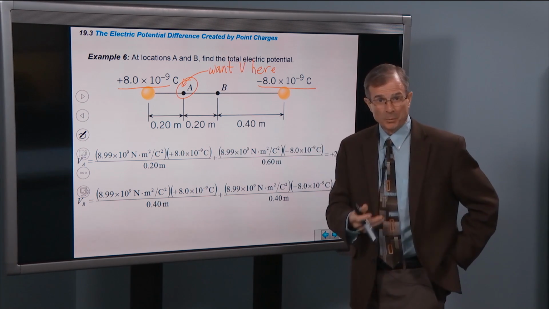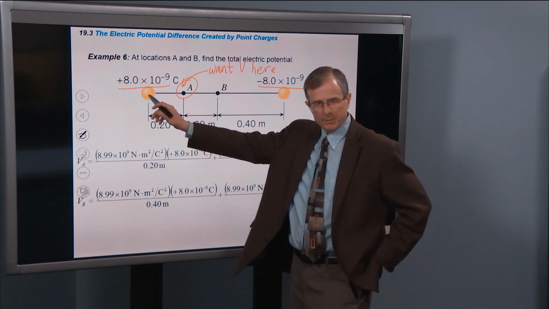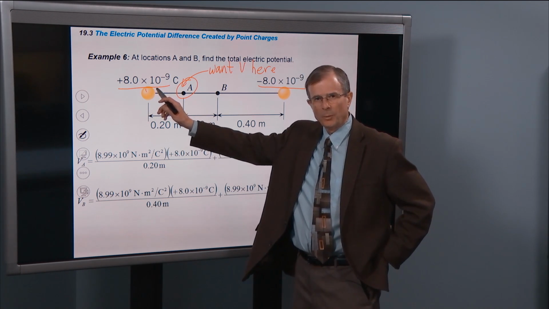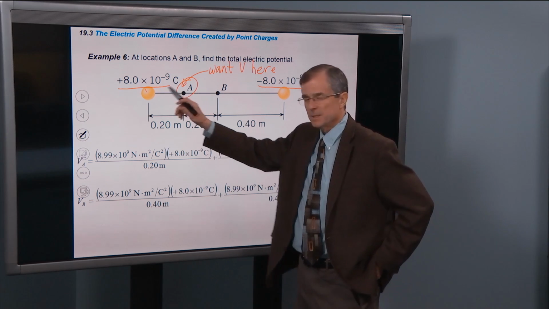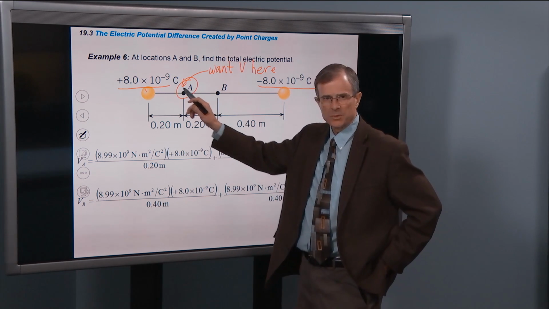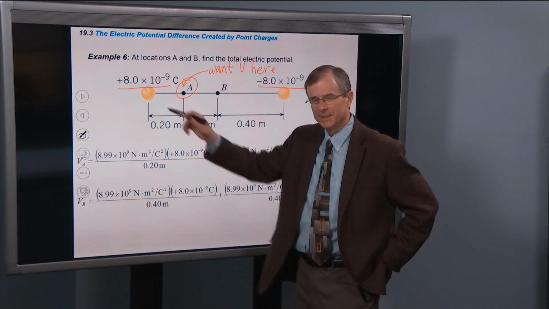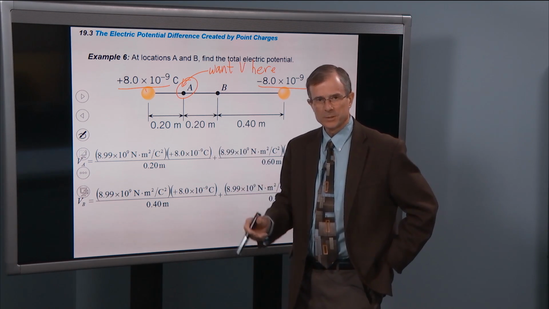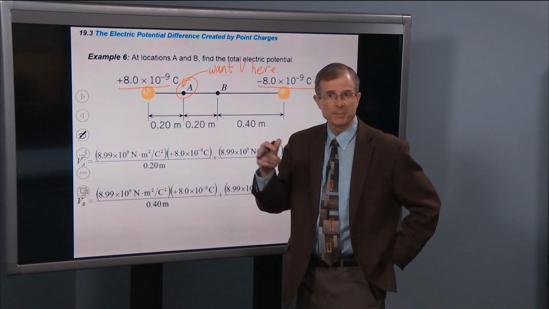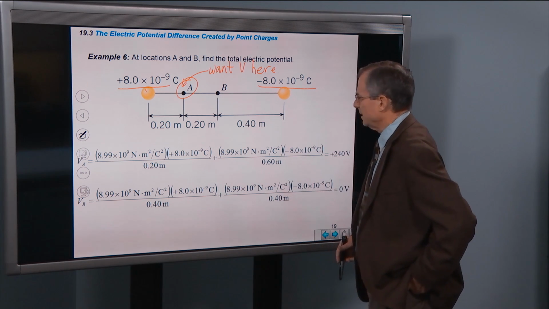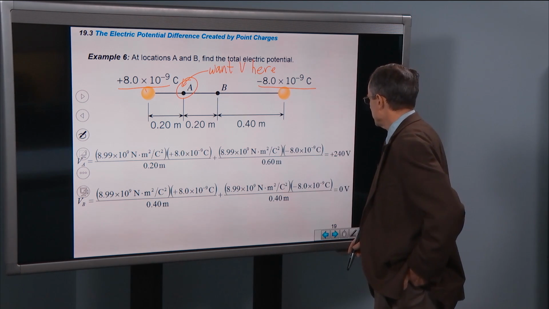You say, and I think you will, that it should probably be the positive one that plays a bigger role, because the distance between where I want the potential and that charge is smaller, so R is going to be smaller, so V is going to be bigger. It's going to play a bigger role. All right, let's actually plug it in and see if that's actually true.